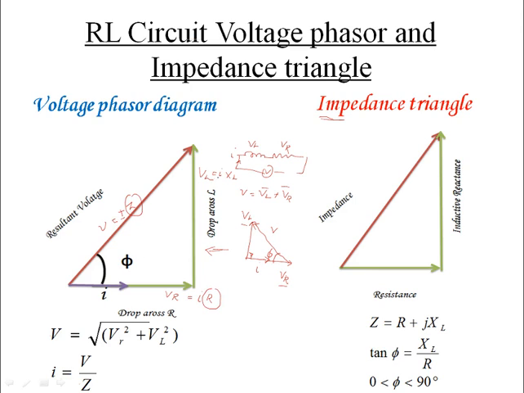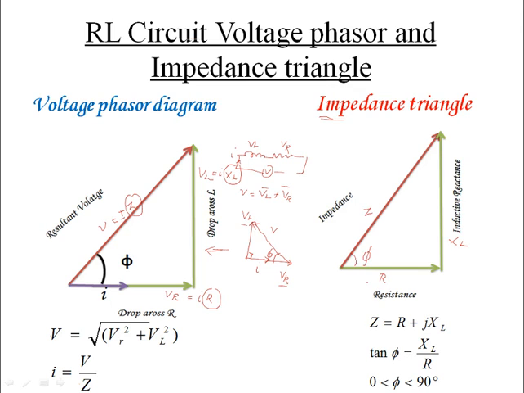So I'm taking only the impedances separately, and I'm drawing another triangle such that this will be my R, this will be my XL, and this will be my Z, and this will be my phi. This triangle is known as the impedance triangle. So how can I write it?